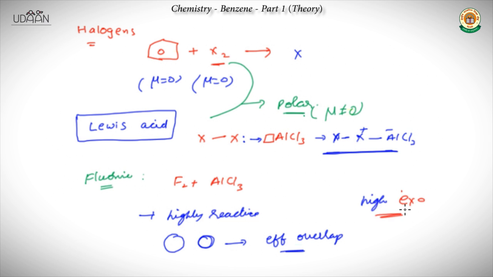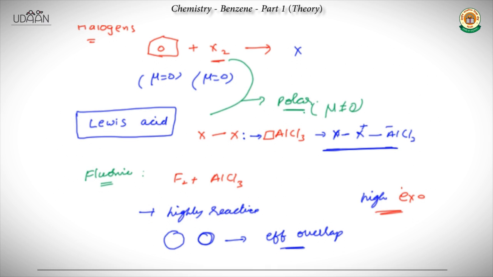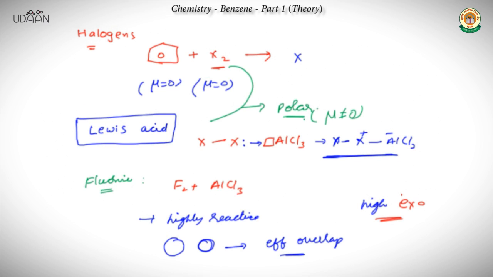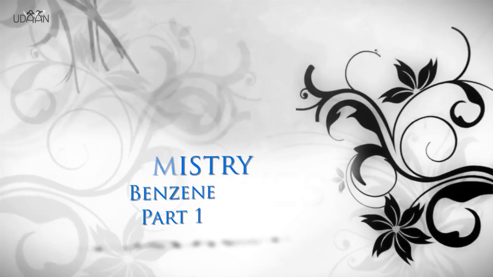So if you try to carry it out in a vessel, it would be very difficult because a lot of heat would be released. But is there some way to prepare it? Don't worry about it. It's prepared by a method called the Balz-Schiemann reaction. You will be dealing with it in the aryl halides chapter. For now, don't worry about it.